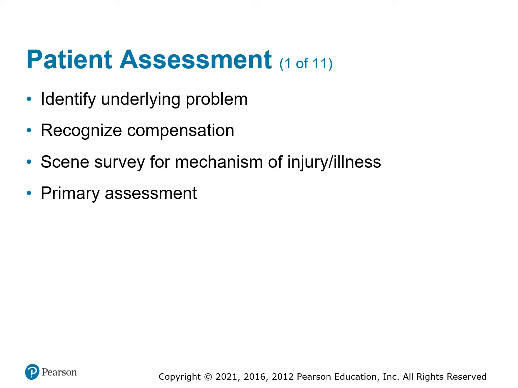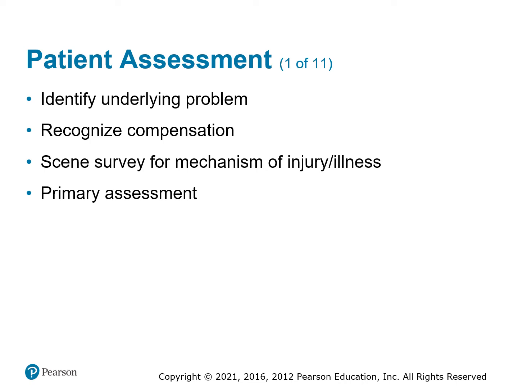So moving into the patient assessment, kind of specific to shock, although go back to your patient assessment chapters, go back to that NREMT patient assessment sheet that we've utilized, and it's going to be the same. The first thing that you have to try to do is identify the underlying problem and see if it's something that you can correct. If it's something that you can correct, obviously correct it.